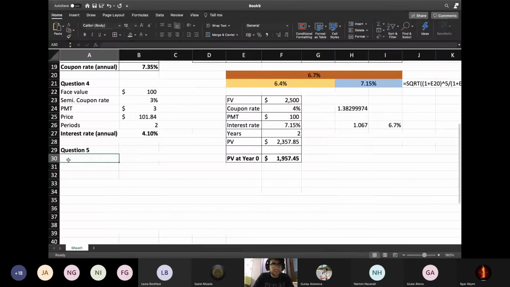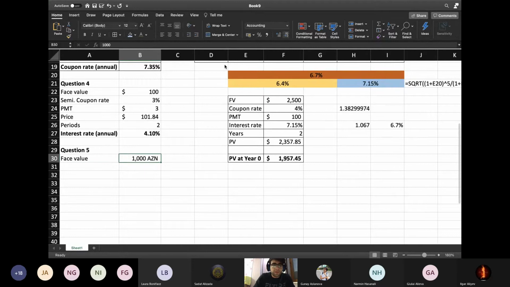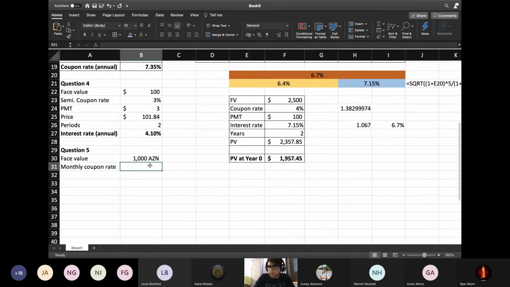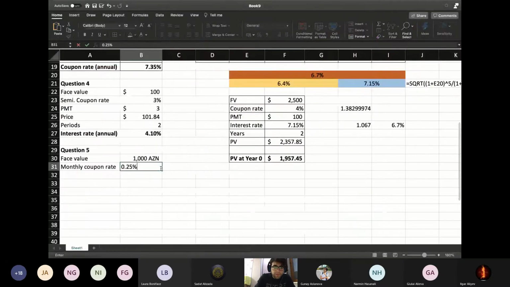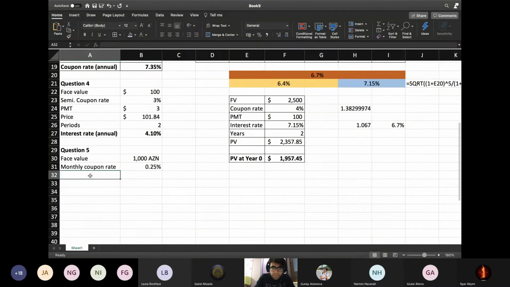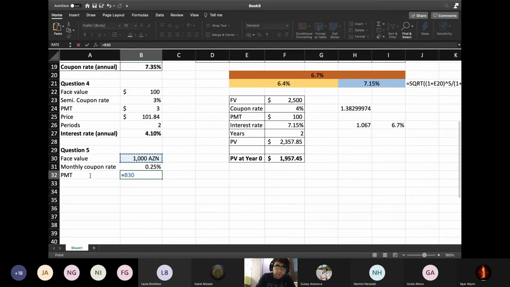So let's write what's given here. Face value 1,000 AZN. Monthly coupon rate is 0.25%, which means monthly PMTs equal to face value multiplied by coupon rate.